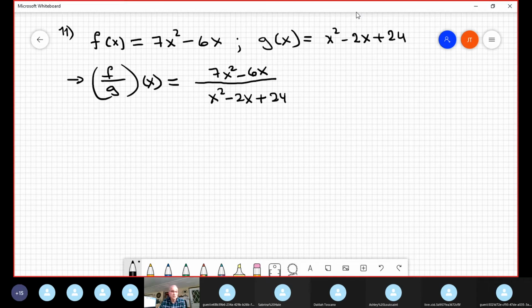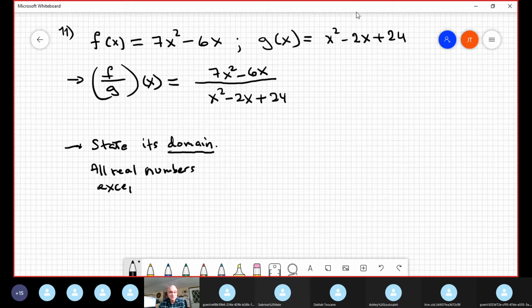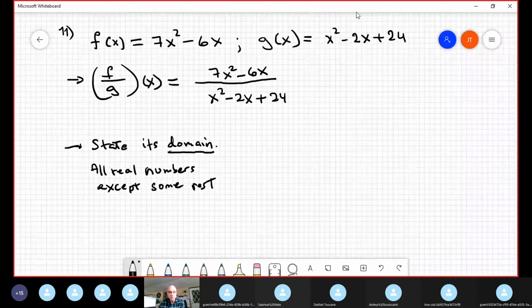The most complicated part is to state the domain. Remember, when you find the domain of a function, you suppose it is all real numbers, except some restrictions. We have restrictions in several conditions.